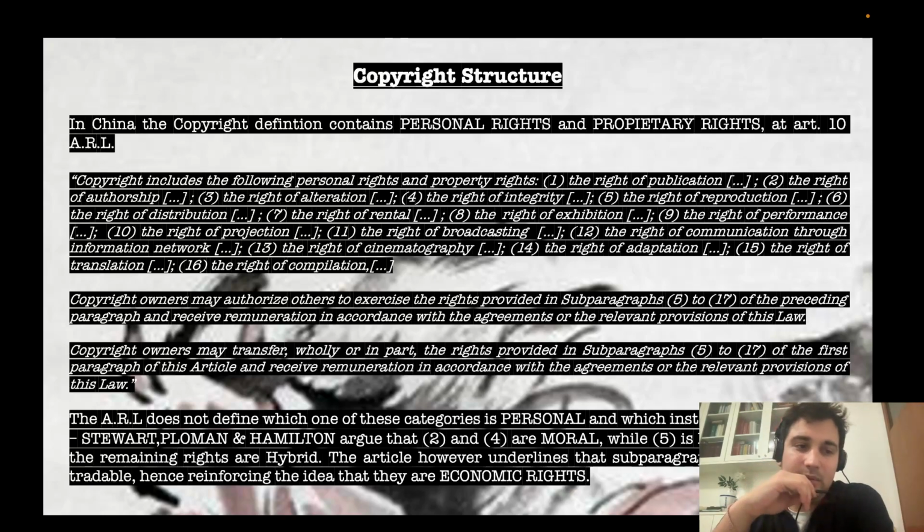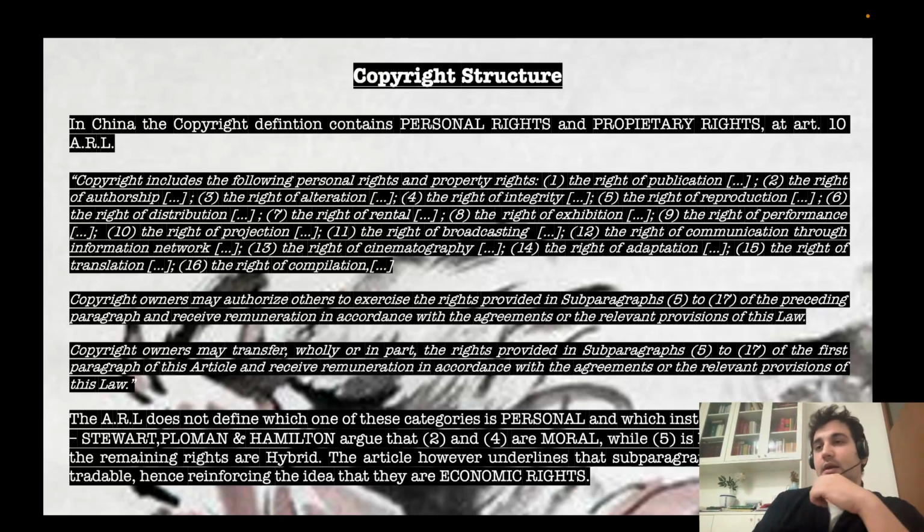What we know by the letter of the articles, or Article 10 of the ACL, is the fact that from subsection 5 to subsection 17, these rights could actually be transferred. Okay, their ownership could be transferred.